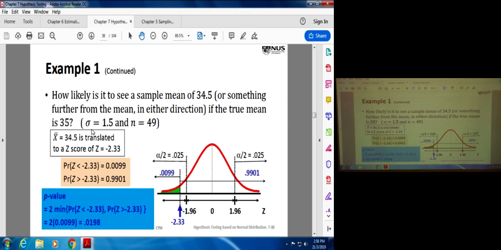We're going to see that in an example. So if we return to our example, we had 49 individuals, 1.5 was the standard deviation, 34.5 was the sample mean. Remember that basically what we did is we converted from the mean to a z-score, i.e. the test statistic was minus 2.33.